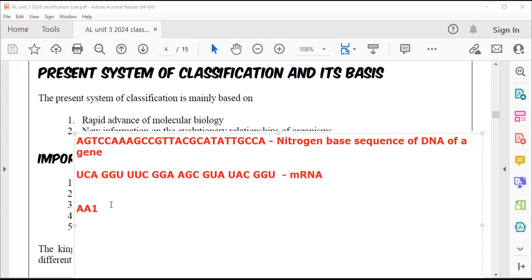GGU, amino acid 2. UUC, amino acid 3. GGA, amino acid 4. AGC, amino acid 5. GUA, amino acid 6. UAC, amino acid 7. And GGU, amino acid 8.